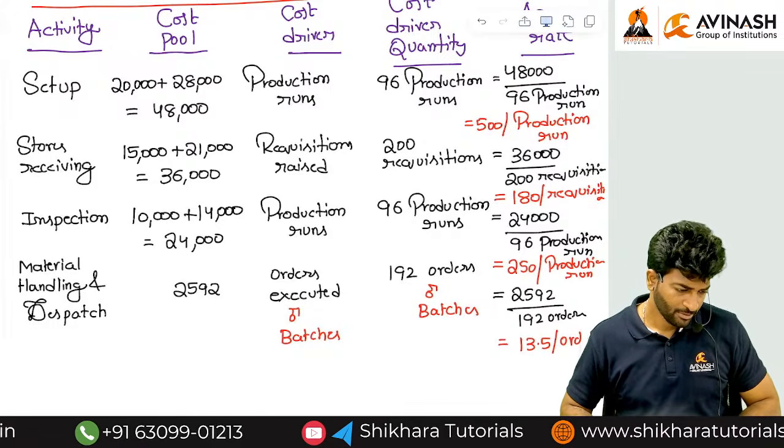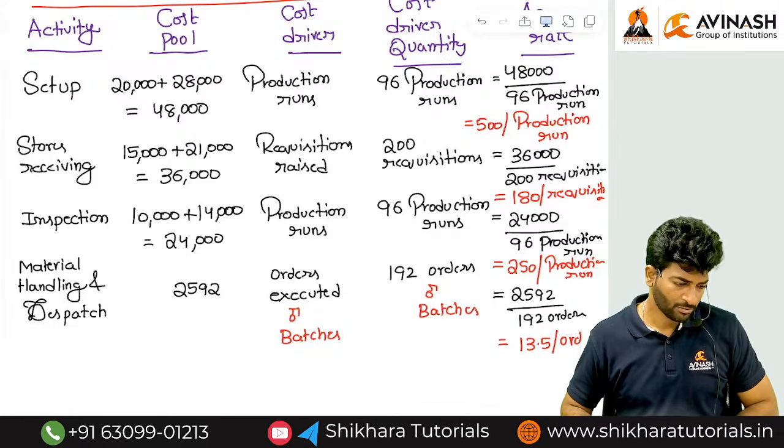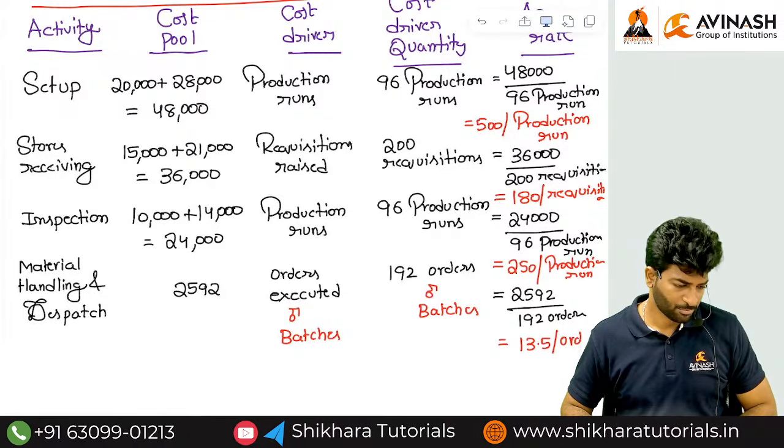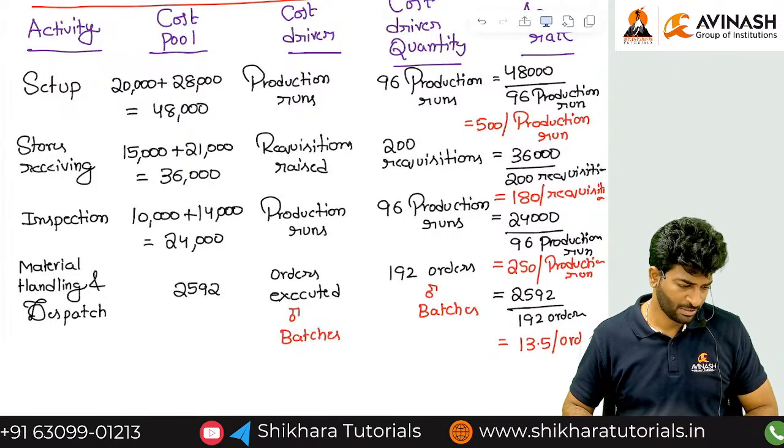Next one, integrate the overhead, or total overhead cost per unit of each product, ABC, each product.